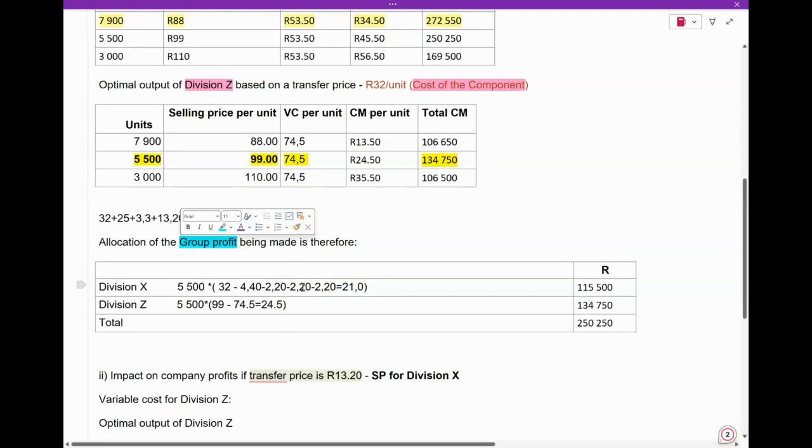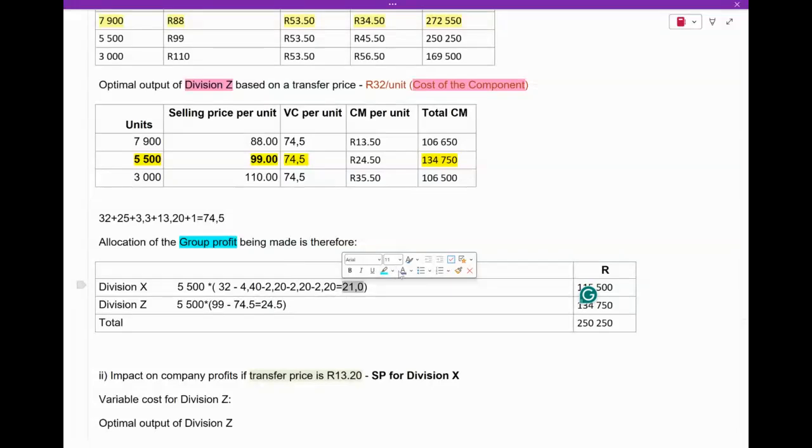If you look there, direct materials, that's where we're getting the 4 Rand 40. 2 Rand 20 is coming from direct labor, another 2 Rand 20 from direct expenses, and then your final 2 Rand 20 is coming from your variable manufacturing overhead, okay? Which leads us to a contribution margin of 21 Rand per unit, okay?